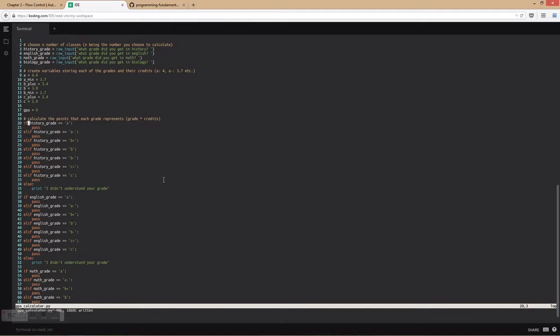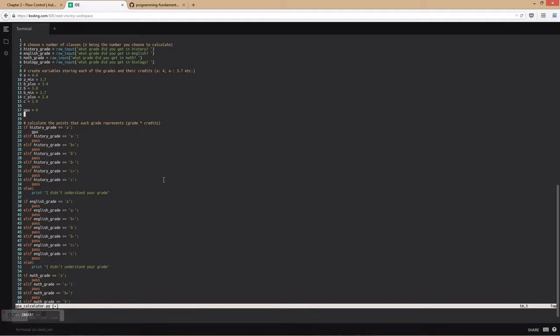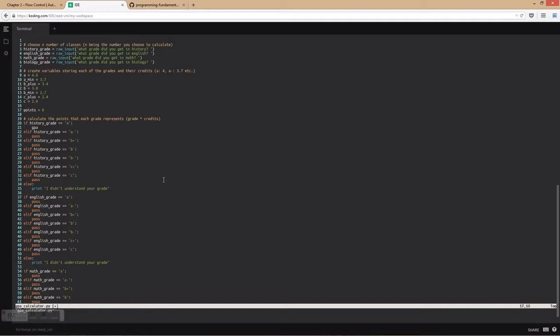And now we're not going to pass anymore. So we're going to say GPA, let's see here. Let's actually keep a separate thing called points. Set that equal to 0. And we can say points plus equals A. Okay.